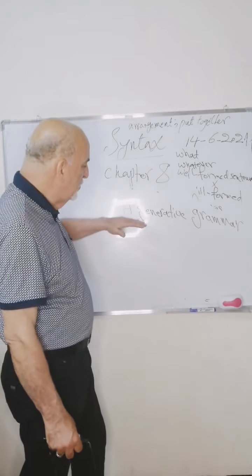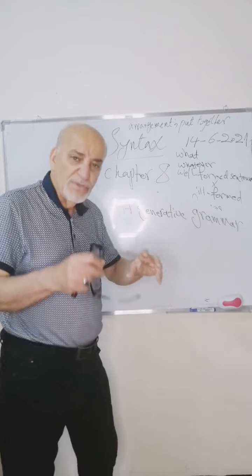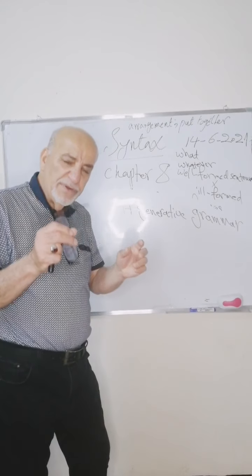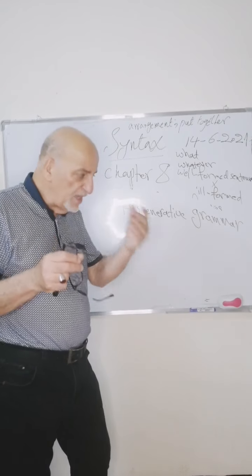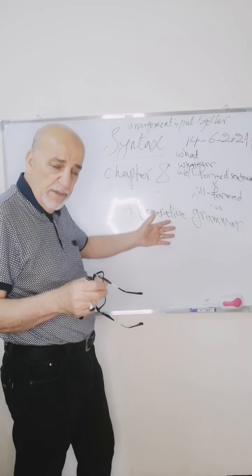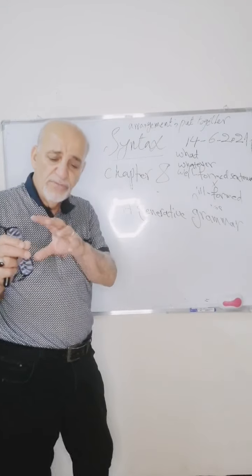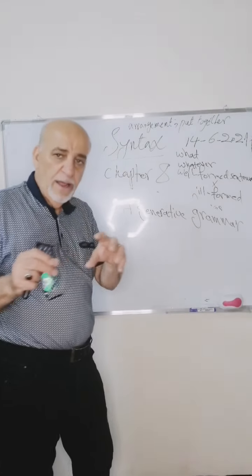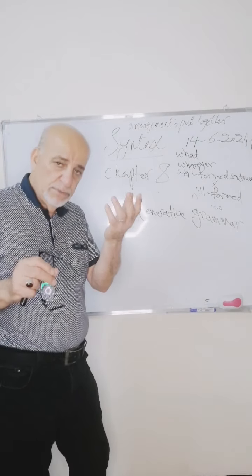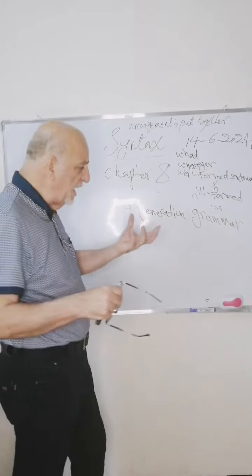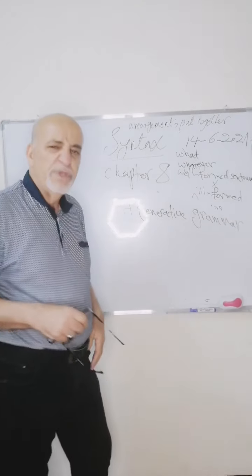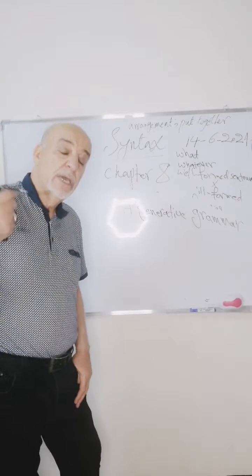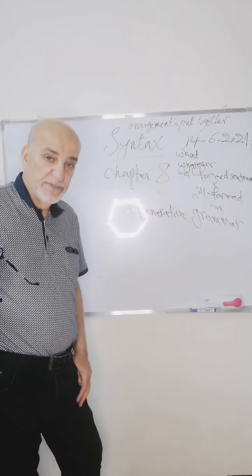In what sense? Because we have also a number of rules, such as the rule we have just given, that a prepositional phrase consists of a preposition plus a noun phrase. From this rule we can generate prepositional phrases.